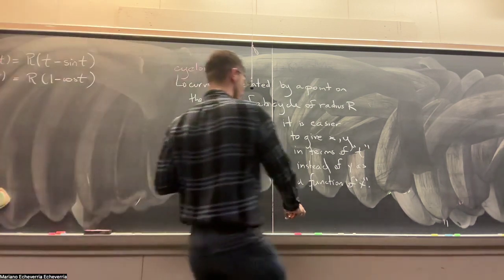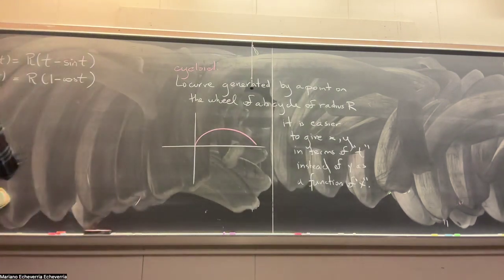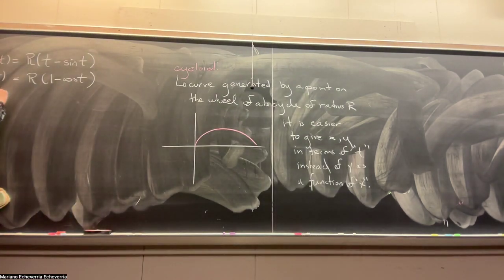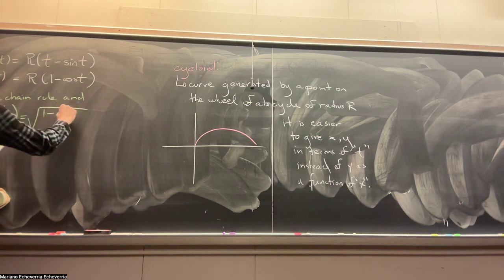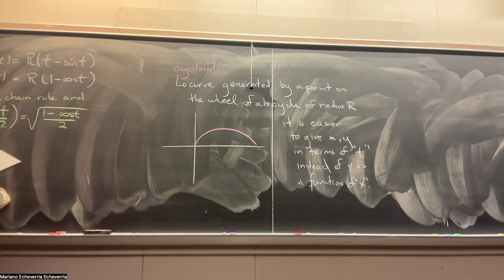Okay, so the idea would be to use the chain rule. And there's this trick formula that I wouldn't expect you to remember, because I myself honestly wouldn't remember it. By the end of the week, I'll give you a list of identities that I want you to know by hand for the exam. But this is not one of those, because I wouldn't expect you to memorize this one. It's a bit too complicated.